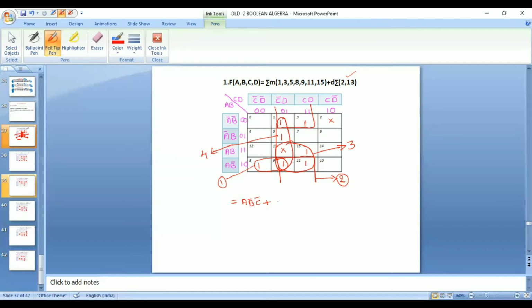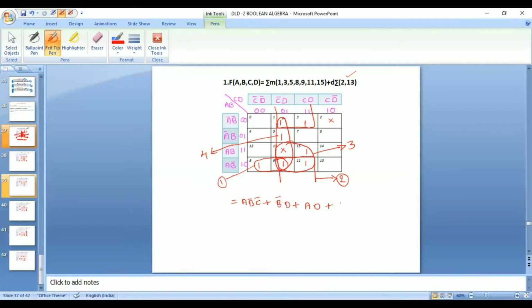Horizontally the common term is B bar, and vertically the common term is D. Coming to the third one, 13, 15, and 9 and 11. Horizontally the common term is A, and vertically the common term is D.